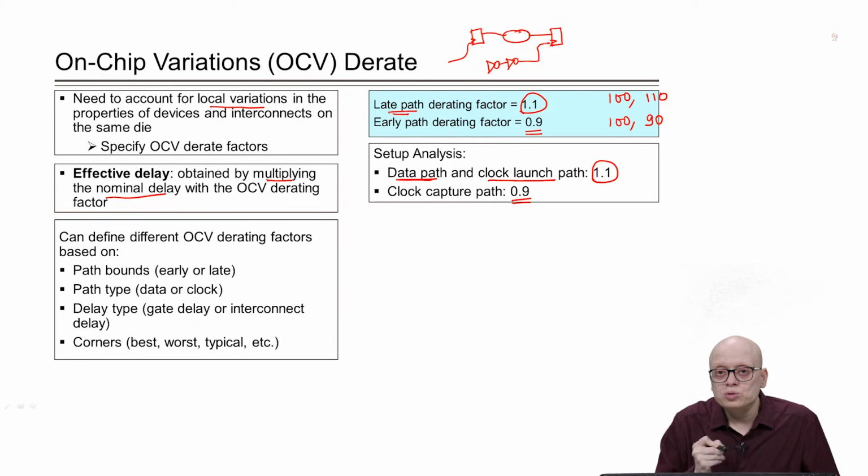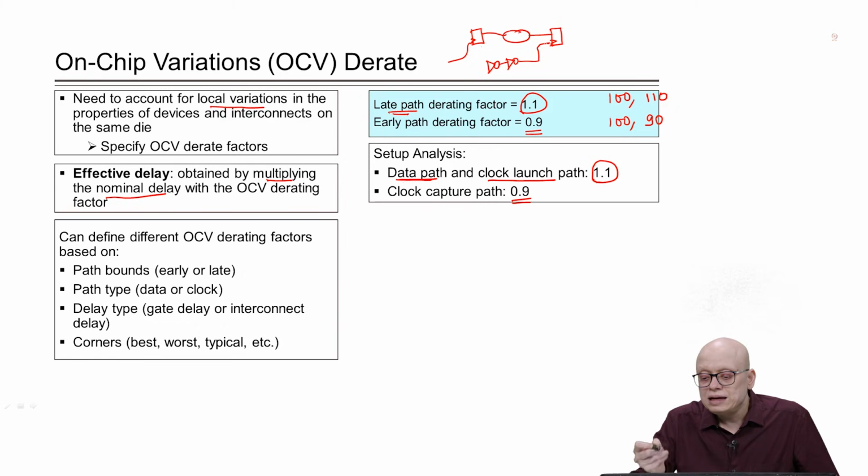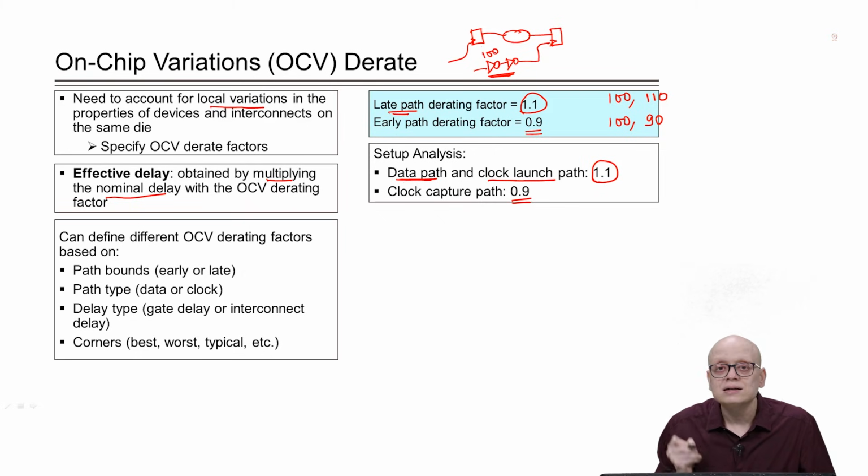If we want to do a setup analysis, then if we decrease the delay of the circuit elements on the capture clock path, the circuit will be more likely to fail. Suppose the delay of this inverter was 100 picoseconds. Because the early path derating is 0.9, the delay of this inverter will now be multiplied by 0.9 and taken as 90 as the effective delay. Similarly, the other inverter will be derated by a factor of 0.9.